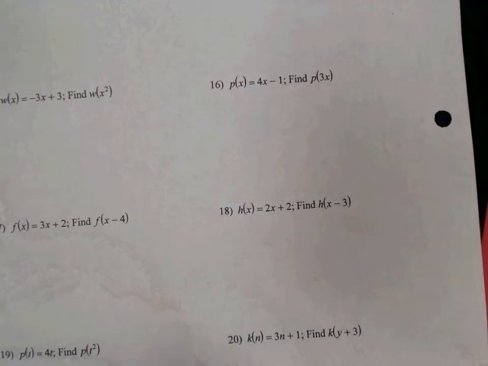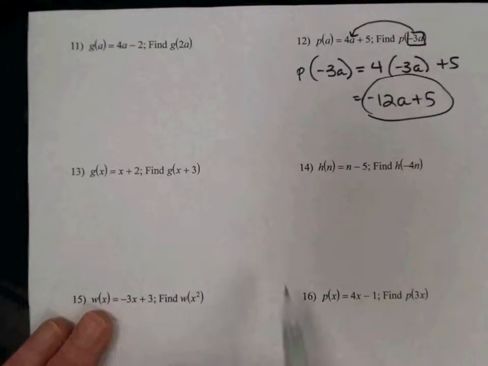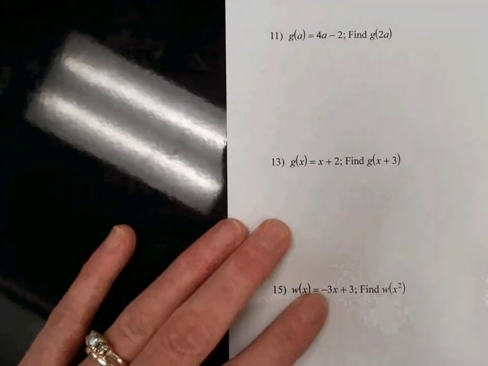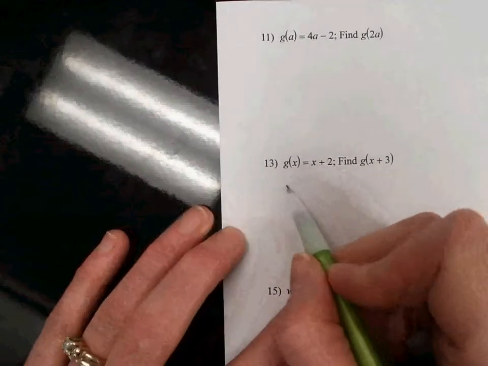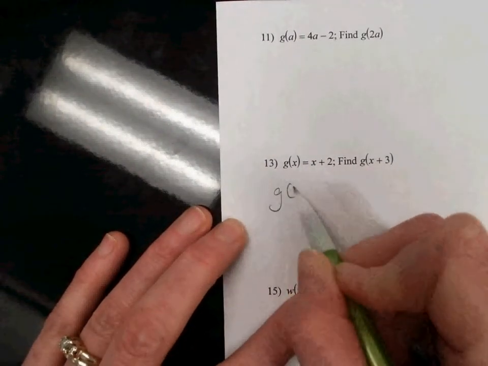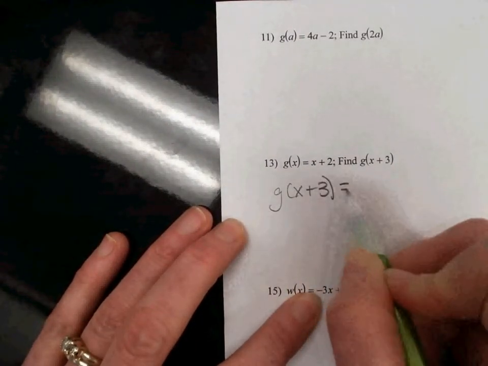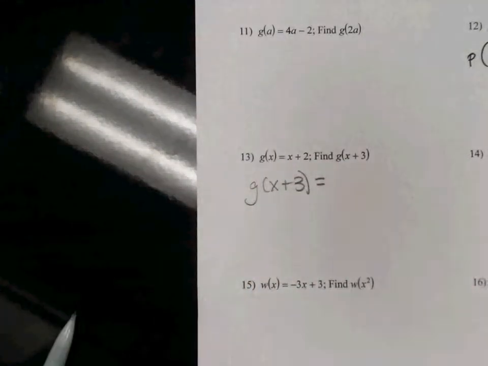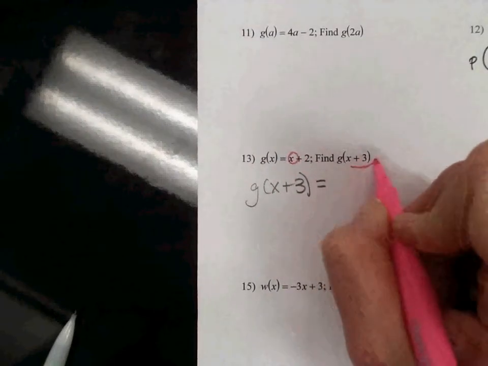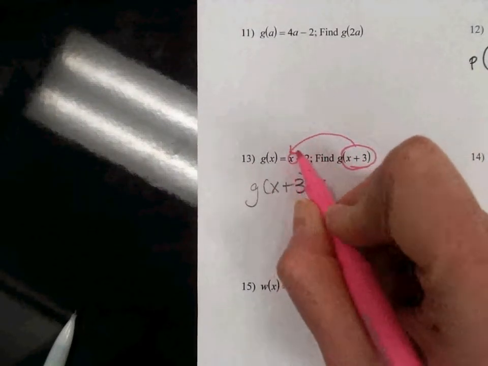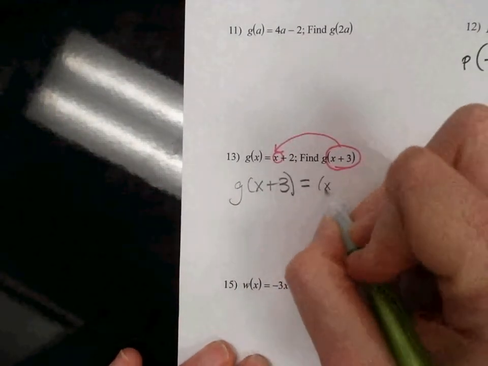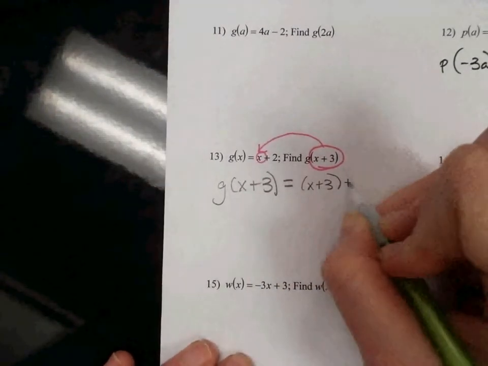And then on the back, I'll do another one. So on the back, we start getting into the spot where we have our algebraic expressions. So I'll do 13. This is where we have g of x plus 3. So where there was an x, we write our new expression. So that's going to equal x plus 3 plus 2.